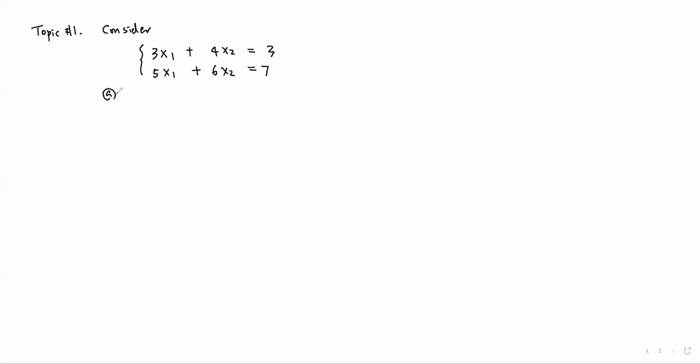A, write the linear system in matrix form, in the form of a matrix times the vector of the 2 unknowns, equals the right hand side.